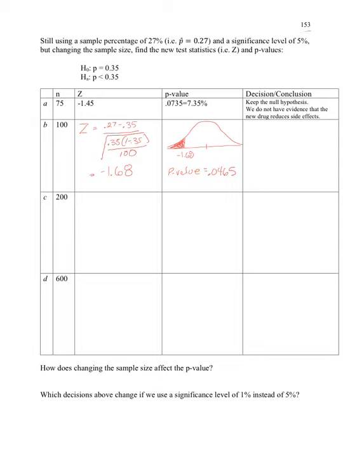And if we're using the significance level of 5% as our cutoff for what's convincing, this is now smaller than 5%, which would mean you do think the evidence is convincing, and you would reject the null hypothesis and conclude that you do have evidence that the new drug reduces side effects.